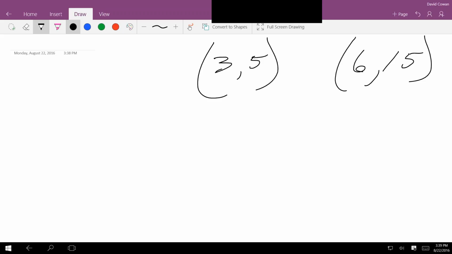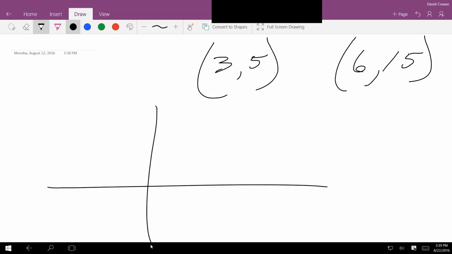Give me the equation of that line that connects those 2 points. In other words, those 2 points are 3 comma 5 and 6 comma 15. What's the equation of that line? First of all, what's the general equation of a straight line?